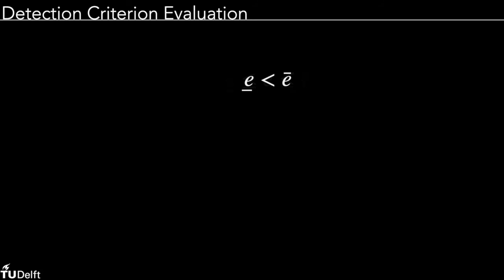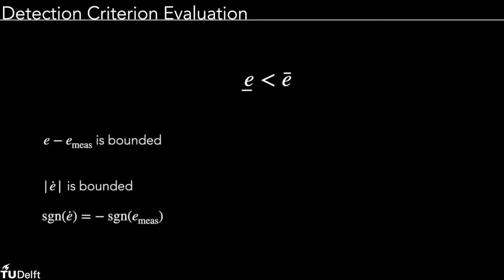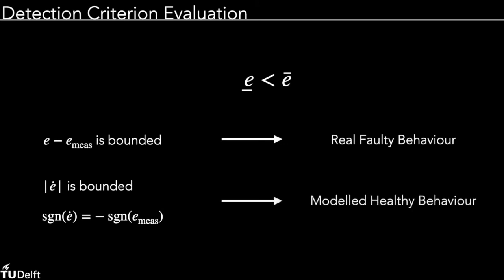The lower bound on E is lower than the upper bound on E. Furthermore, this condition can actually cause detections, as it is influenced by the real, faulty system behavior through the measured observer error, and by the modeled bounds on the healthy system behavior through the bound on E dot.